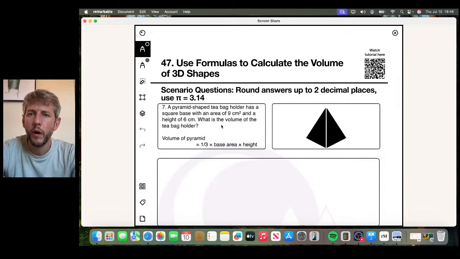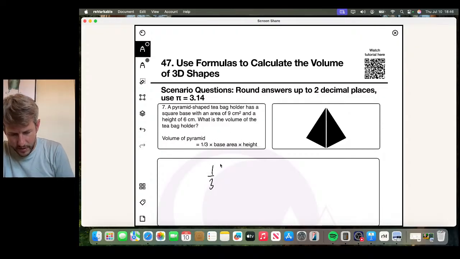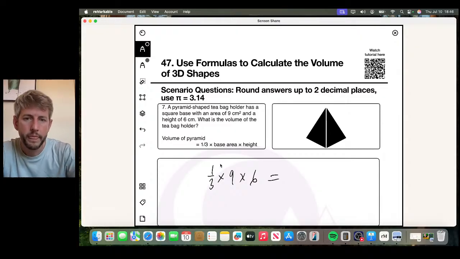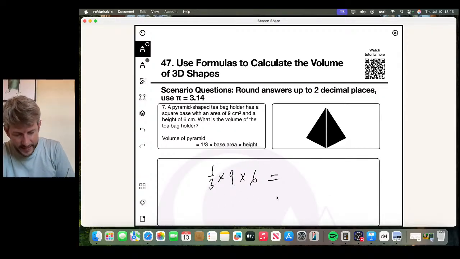What is the volume of the tea bag holder? So it's a third times the base area, which is 9, times the height, which is 6. I can do this without a calculator actually. A third of 9 is 3. 3 times 6 is 18. So that'll be 18 centimeters cubed.